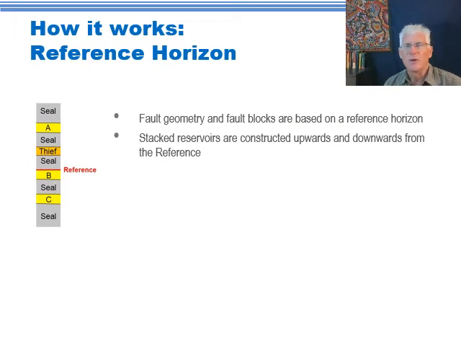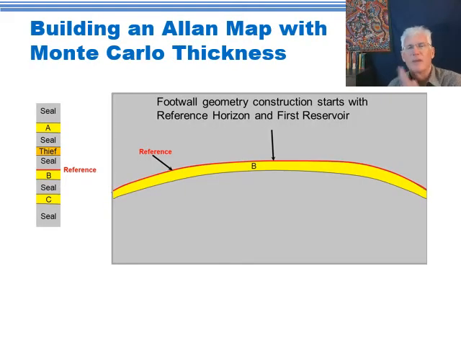This is just a quick summary or illustration of how it works. So we start out with our stratigraphy and a reference horizon, which is the mapped surface in the structure contour map. And stacked reservoirs are constructed upwards and downwards from the reservoir surface. So we typically would start out with a footwall, or the block below the fault. So there's the reference horizon and the first reservoir.